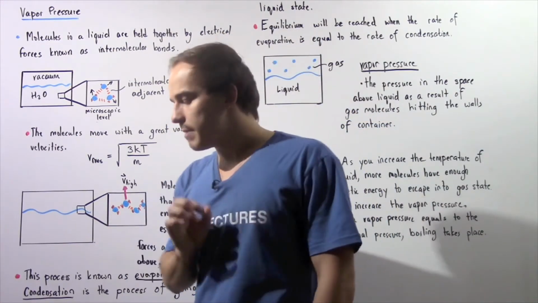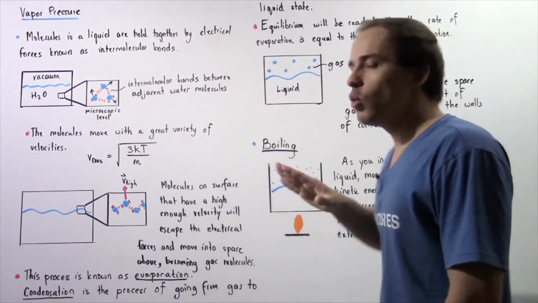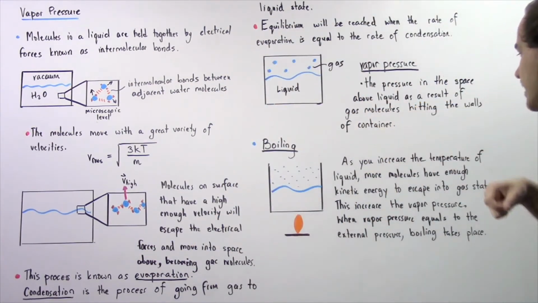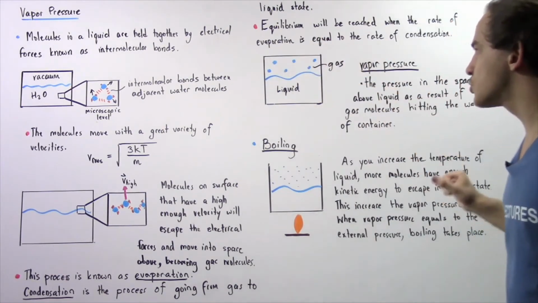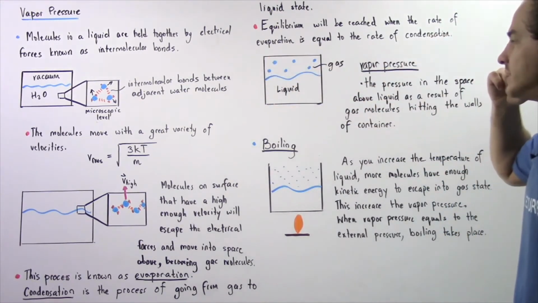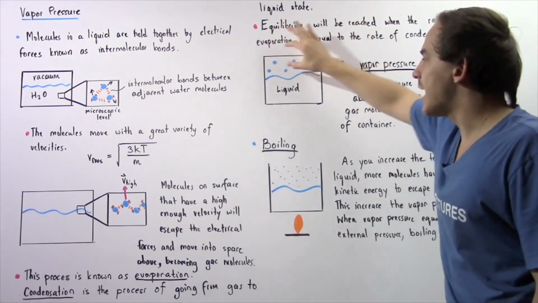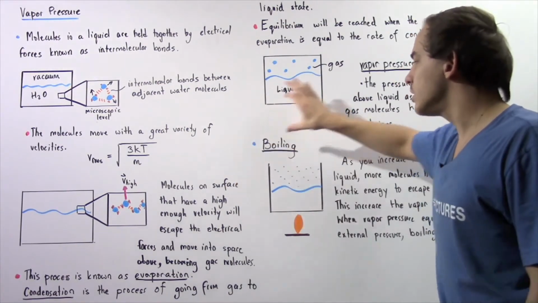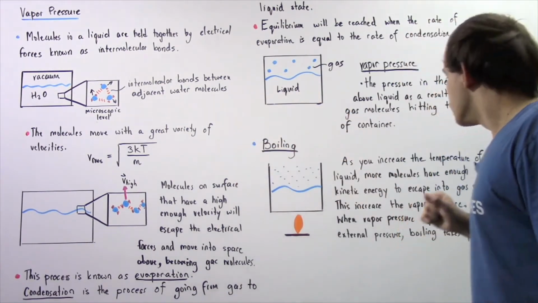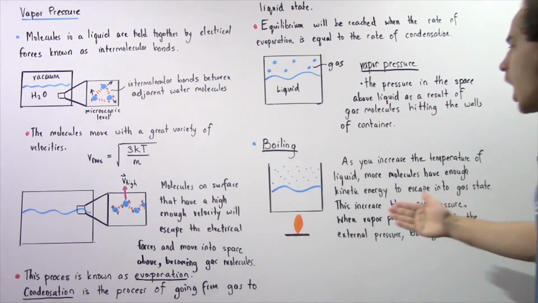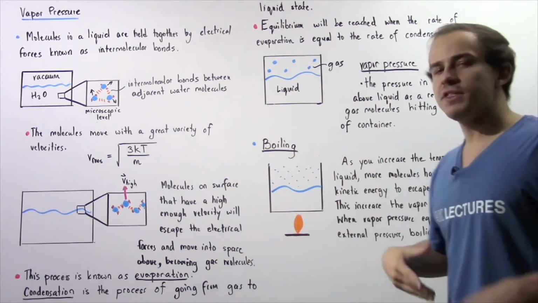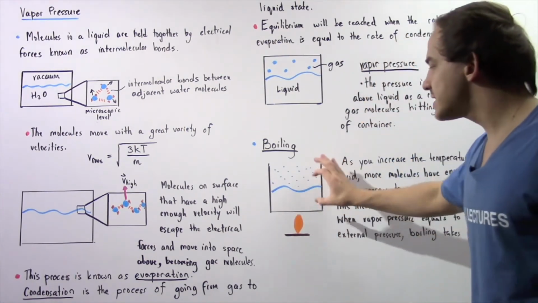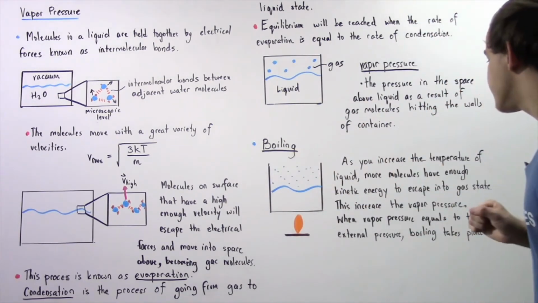Now we can also talk about a concept known as boiling, which is different from evaporation. So as you increase the temperature of our container, let's suppose we open the container at the top so that these molecules are now in contact with the molecules found in the atmosphere. As you increase the temperature of our liquid, more of these molecules gain the kinetic energy required to escape the liquid and enter the gas phase.